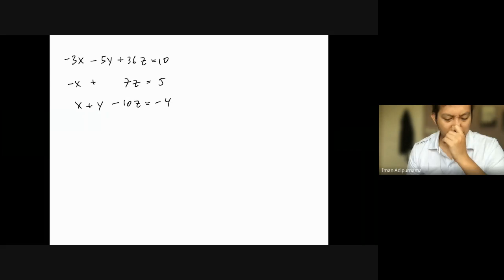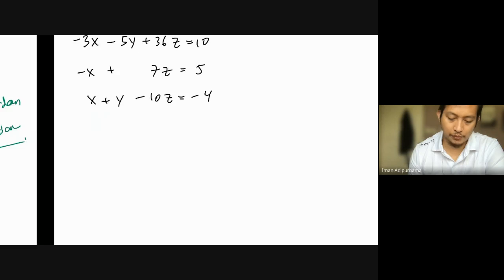So negative 3x, negative 5y plus 36z equals 10. And the second one is negative x plus 7z equals 5. The third one is x plus y minus 10z equals negative 4. First, we write this into our augmented matrix.